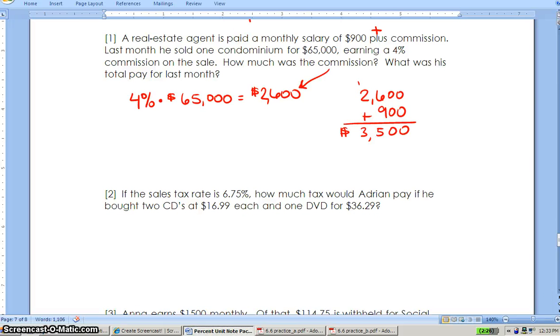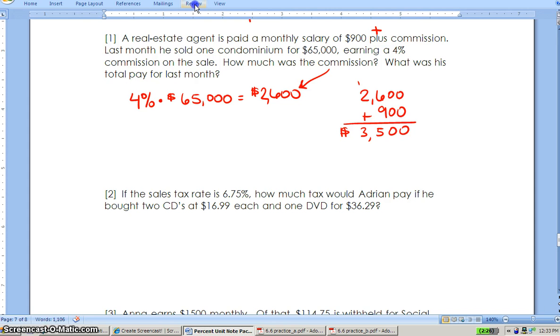Okay, so I read my problem while you were hopefully working on yours, and we're finding the tax at 6.75% for Adrian if he buys 2 CDs and 1 DVD.